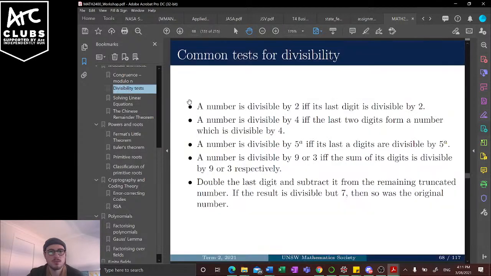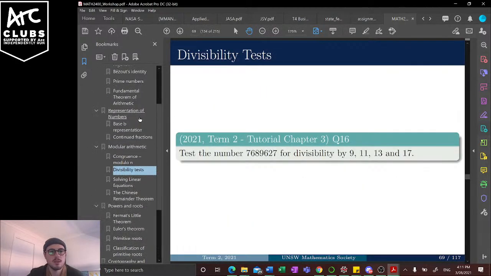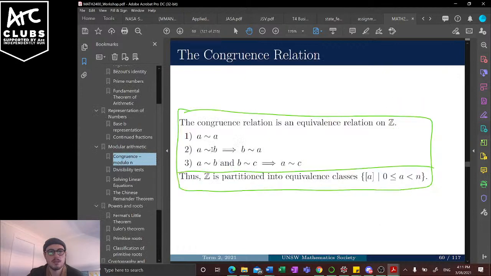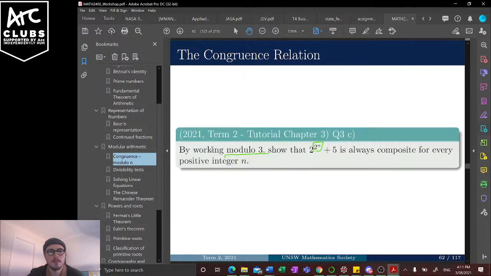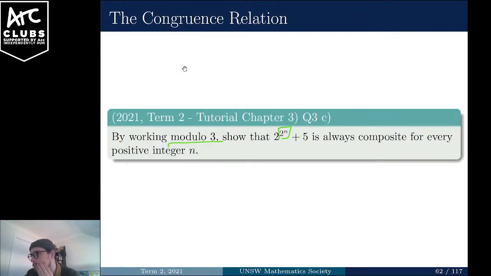Is this where it was? No, it wasn't here. It was here somewhere. Yeah, it was here. Okay, let's think about this. So some use for Fermat's theorem.